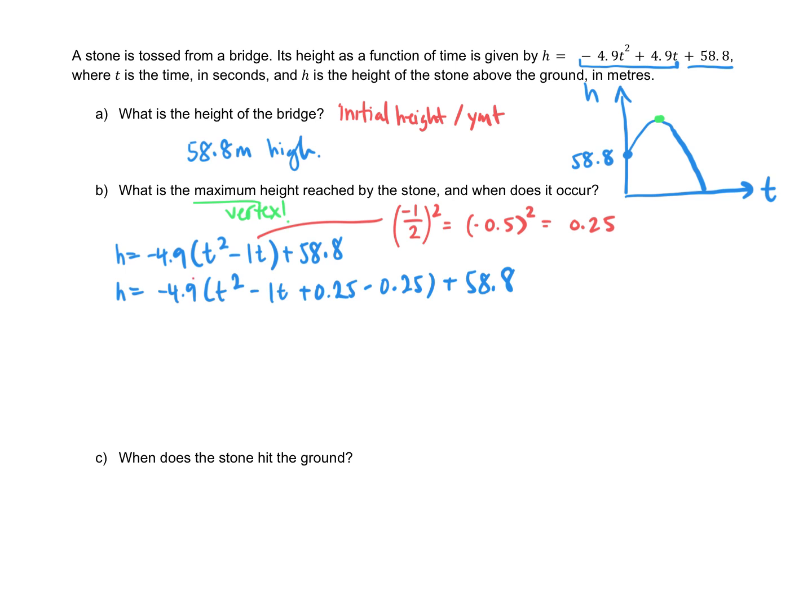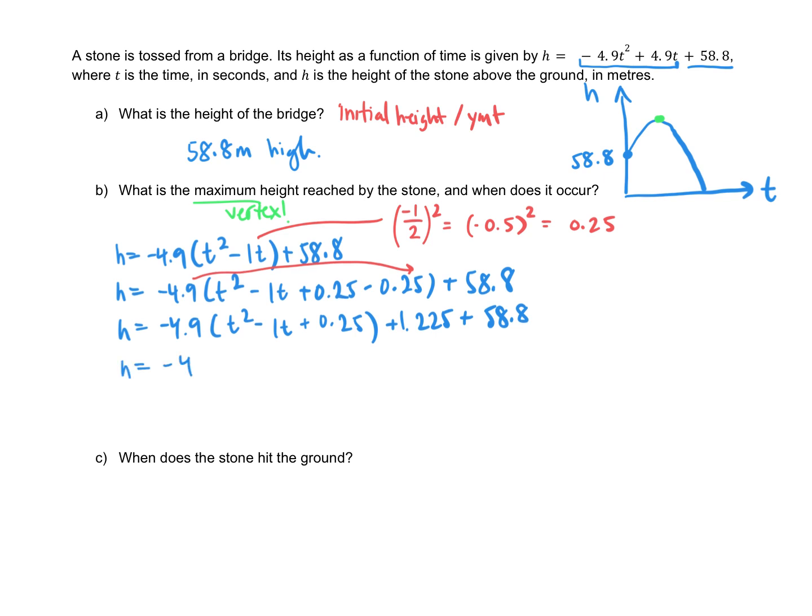Okay, the negative version, I don't want it. So I'm going to multiply by the negative 4.9. That's trapping it in the bracket so that it could be removed from the bracket. So negative 4.9 times negative 0.25 is positive 1.225. I'm not going to cut decimals because I don't want to lose my accuracy.